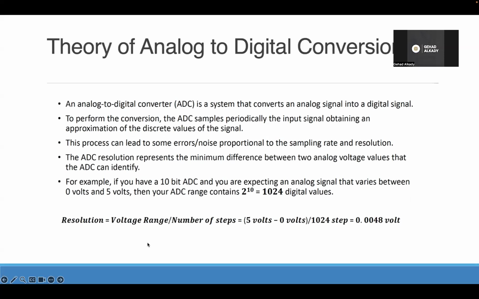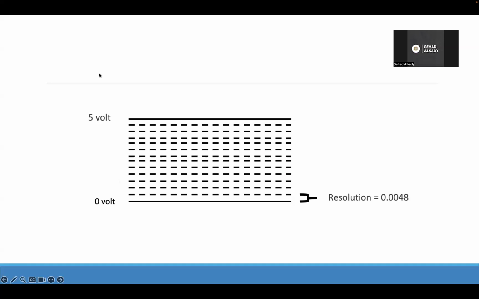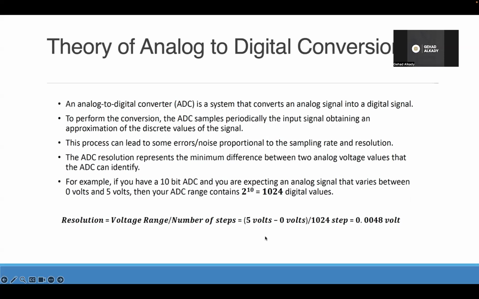The equation is here. The resolution equals the voltage range over the number of steps. For the voltage range, we said that we have 5 volt, which is the VREF positive, the maximum voltage, and we have 0 volt, which is the minimum voltage. Then we divide it by the number of steps. The number of steps is calculated using the bits of the ADC.